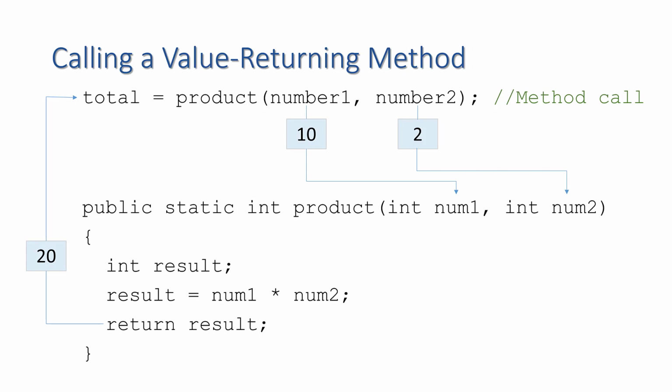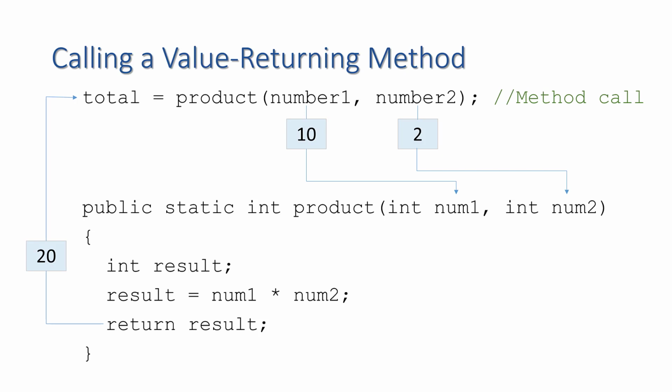In the example code, the method call passes the value of number1 into num1 and the value of number2 into num2. Therefore, num1 is initialized with a 10 and num2 is initialized to a 2.